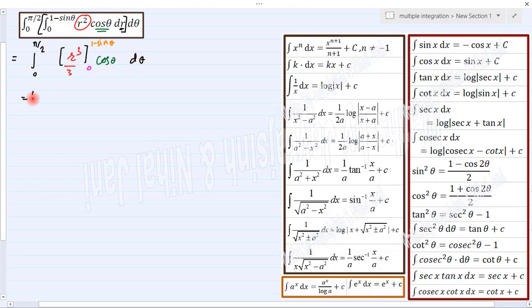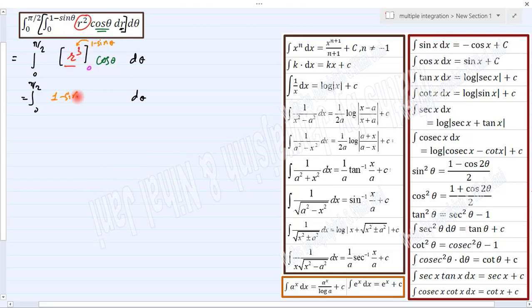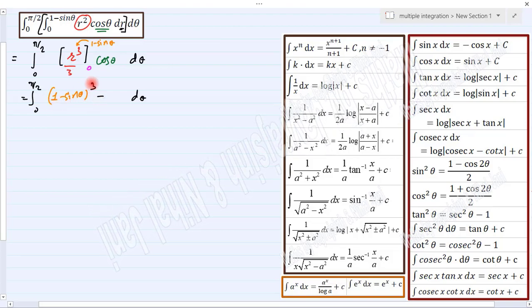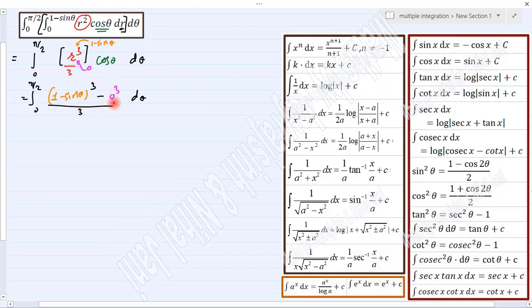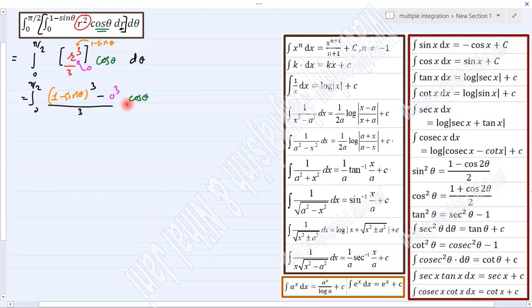Outer integration will be as it is. Now let's substitute the upper limit, which is 1 minus sin theta. So it will become 1 minus sin theta the whole cube, minus from the lower limit we will get 0 cube, whole divided by 3, and this cos theta will also remain as it is.